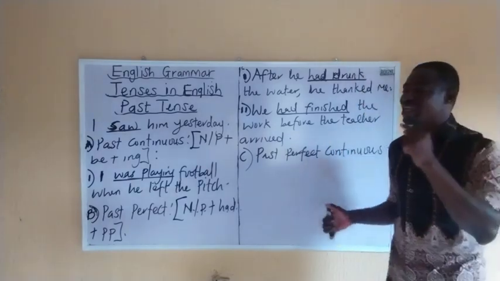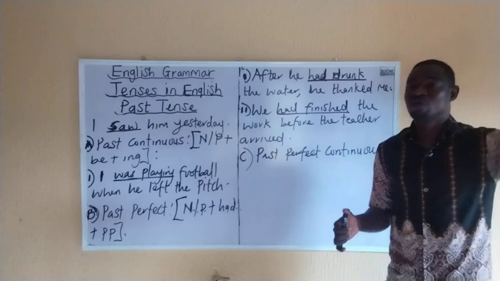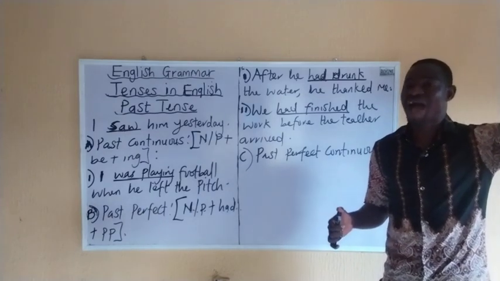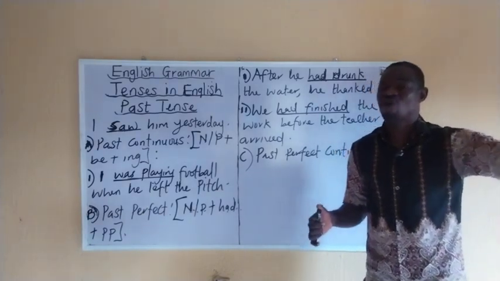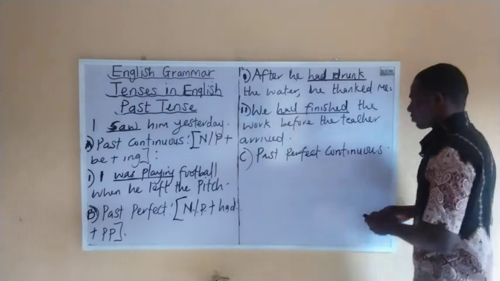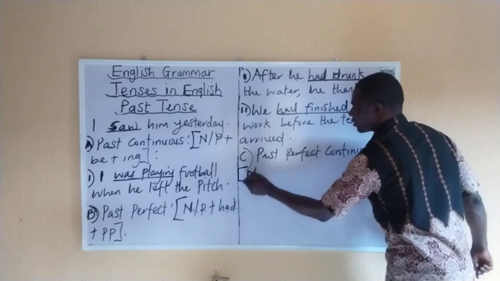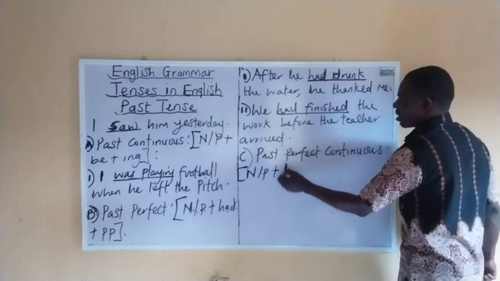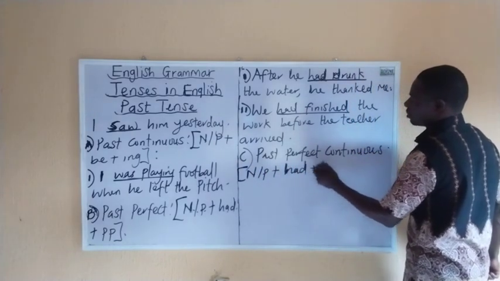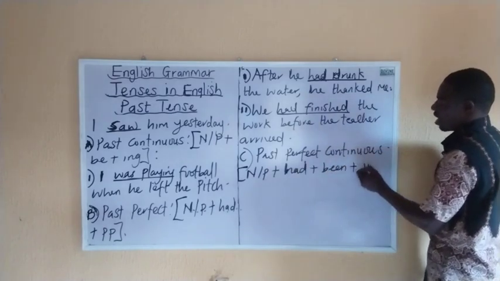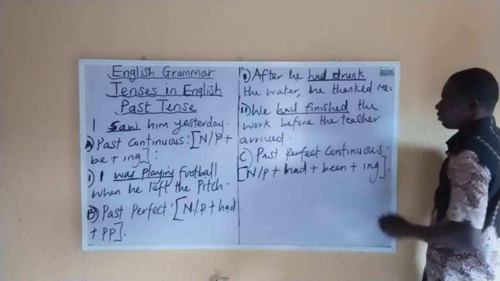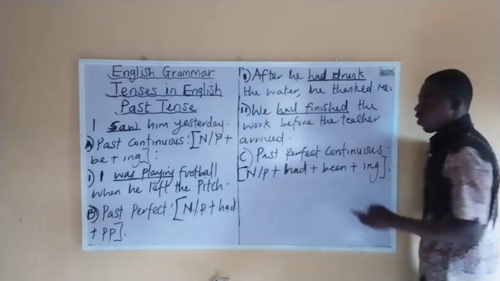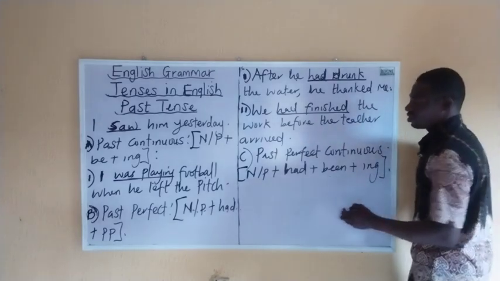I repeat, this shows that an action was going on in the past before another action occurred in the past. It has the structure N/P plus had plus been plus ing. Let's look at an example of the past perfect continuous.